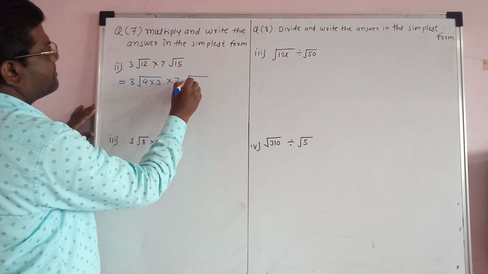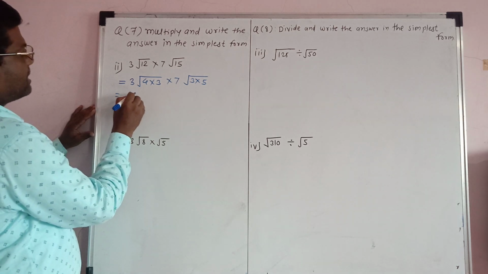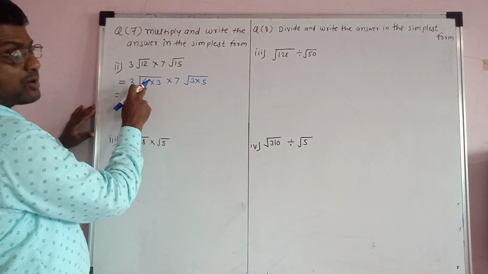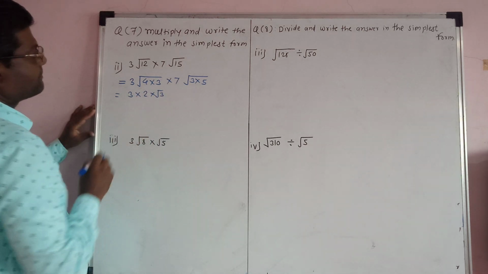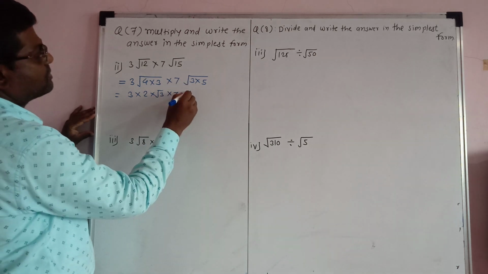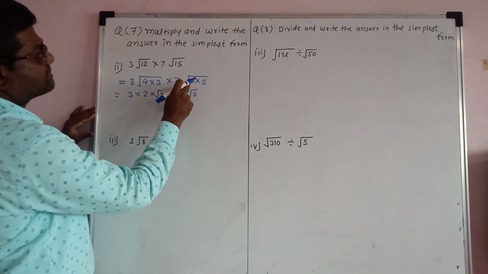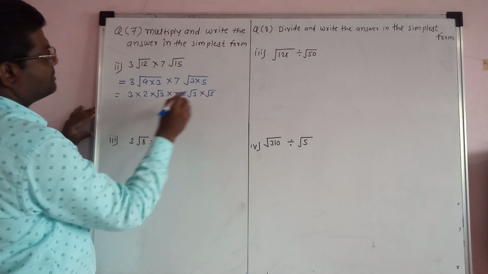This 15 can be written as 3 into 5. Therefore we have 3 into square root of 4, which is 2 into root 3, into 7 into root 3. Split up this root 15 as root 3 and root 5, that is root 3 into root 5.